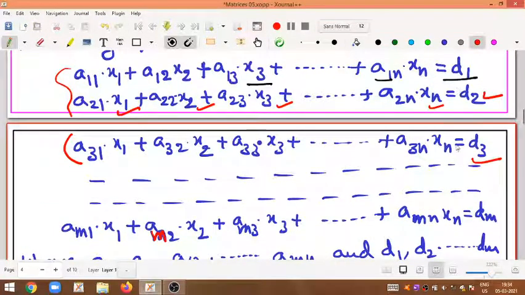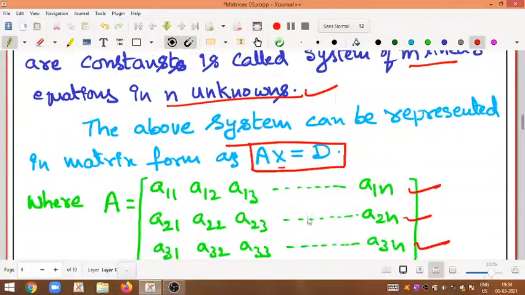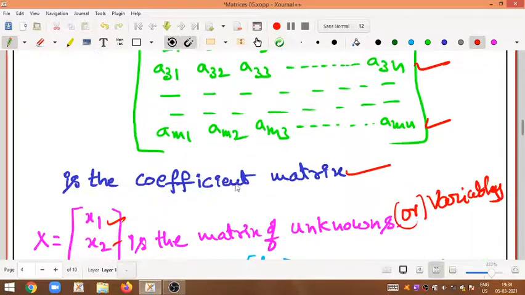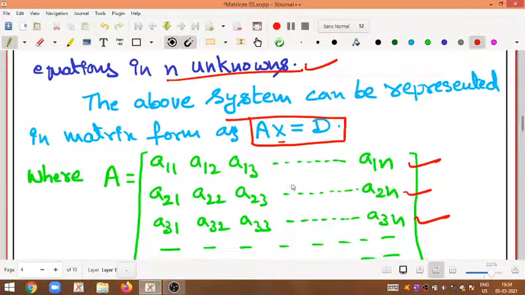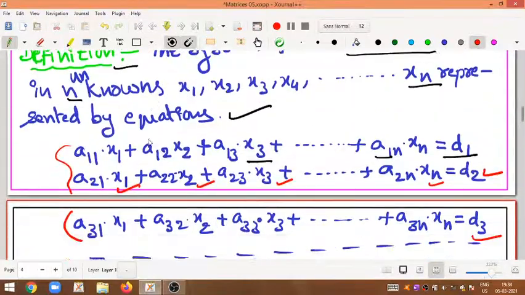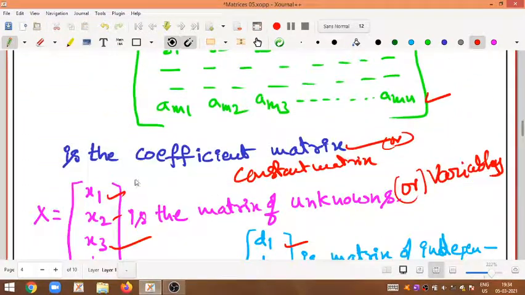These are the constants d1, d2, d3, and so on. Coefficient matrix, or this one, constant matrix. And here X is called what? Capital X is the variable matrix.